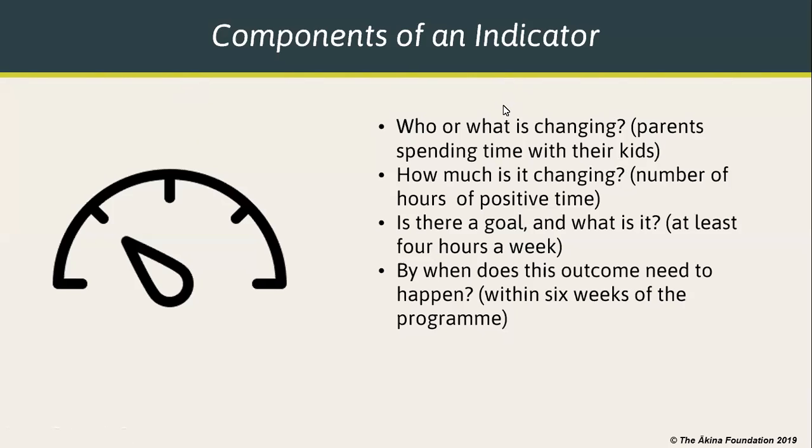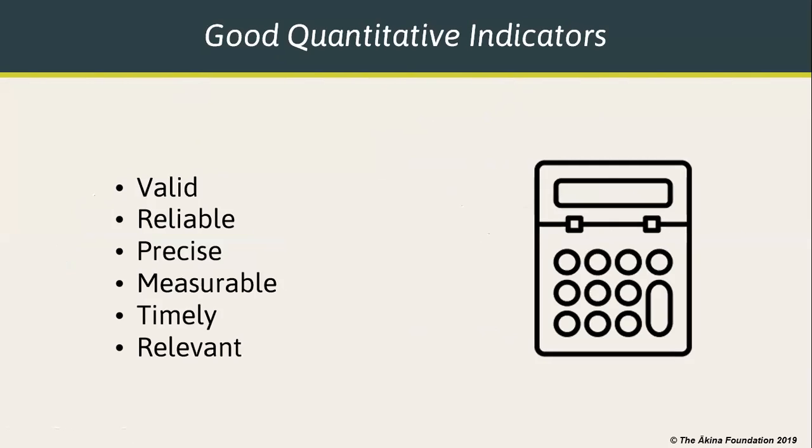Okay, so on the next slide, these are some other ways that you can think about what makes good quantitative indicators. We think it's good to have a balance of qualitative and quantitative indicators. Here we're talking about the quantitative ones, so the things that you can count; it's not subjective, it's more objective.